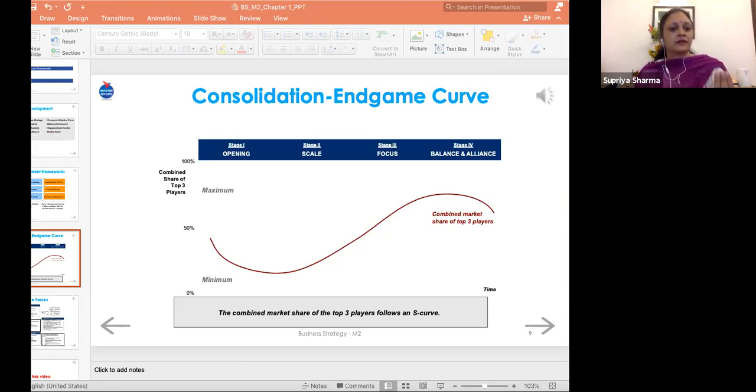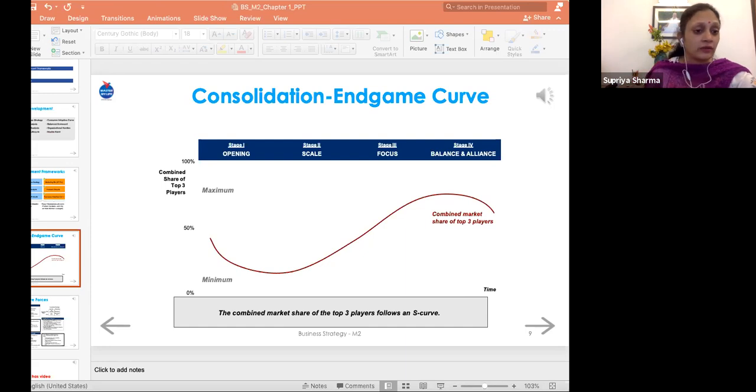And if the pandemic wouldn't have happened, wherein we all resorted to work from home, and therefore Airtel also survived and Vodafone also survived, it would have been only Jio that would have reigned supreme there. It is thanks to this pandemic and work from home that we now see that Airtel and Vodafone are also in the picture.